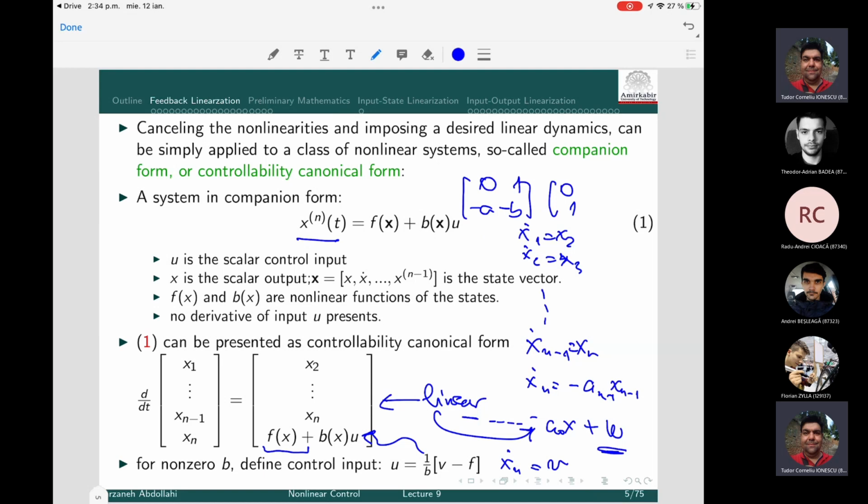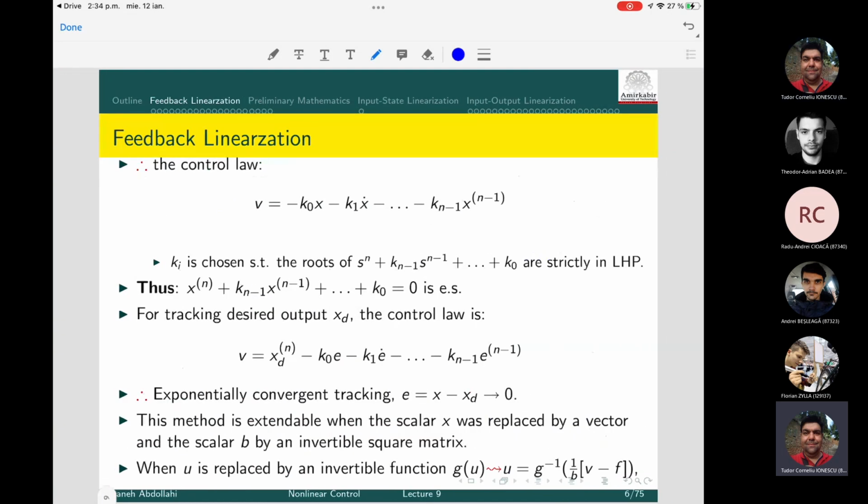This is what you get if you substitute this U in here. And then the control law of this form, V, you pick this V. Ki is chosen such that the roots of this polynomial are strictly in the left half plane. Of course, you want this to be stable. So this polynomial needs to be a Hurwitz polynomial.